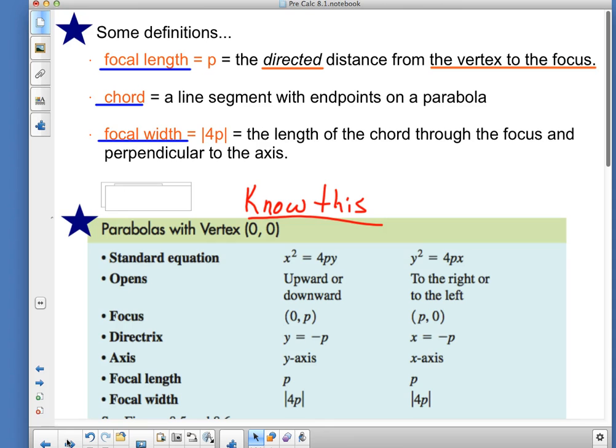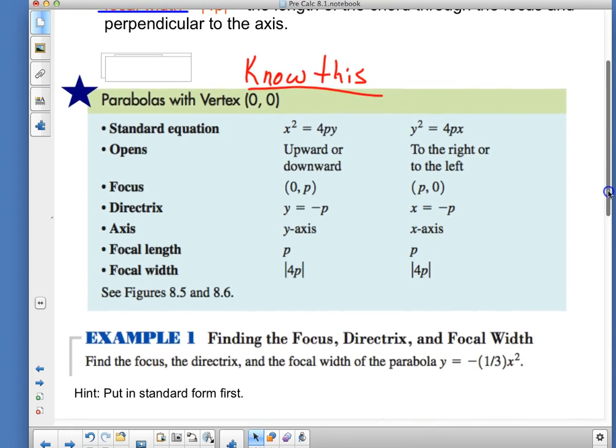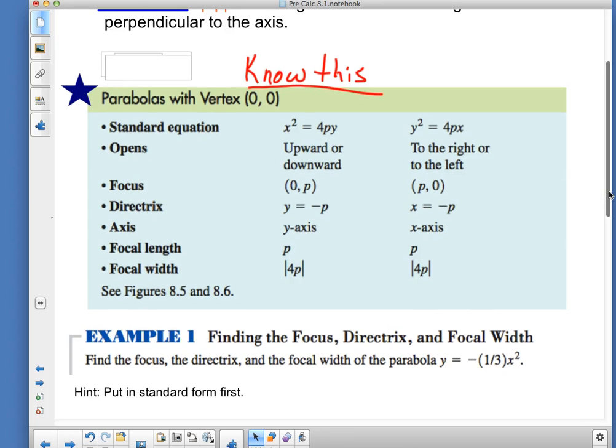Okay. Now, we're going to be working today with parabolas at the vertex, just to learn how to do them, to kind of start crawling today. Okay, we'll start running a little bit more on Monday. But the standard equation, x squared equals 4py. Remember, this is open upward or downward.